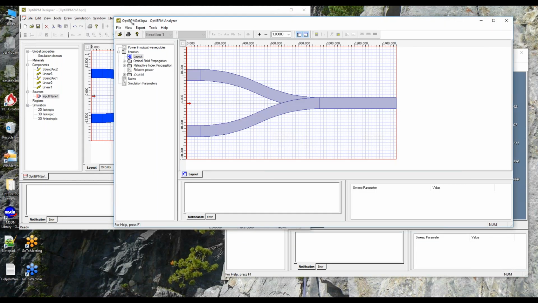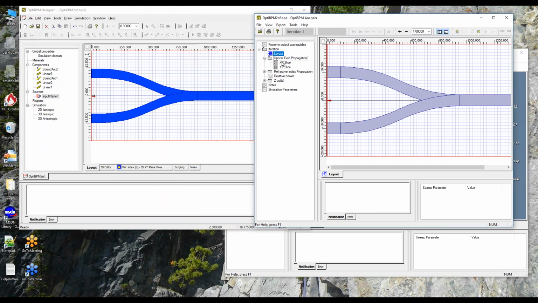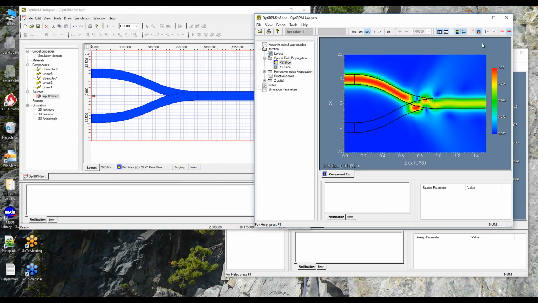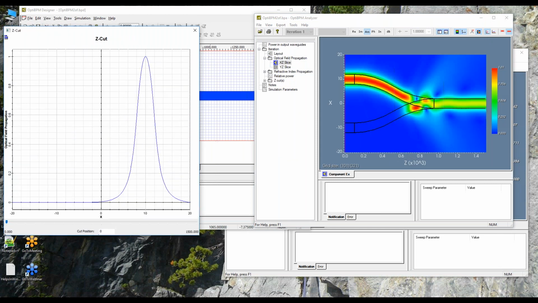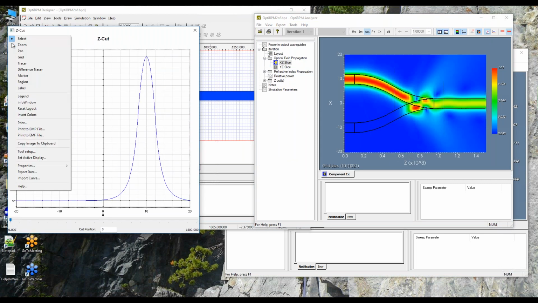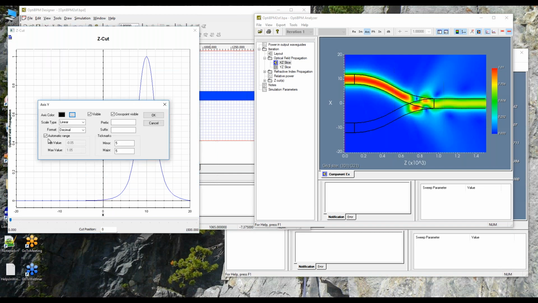And let's have a closer look at this. We'll bring up our viewer, and once again I will adjust the axes so that you get a fixed view. The auto range is not very informative.